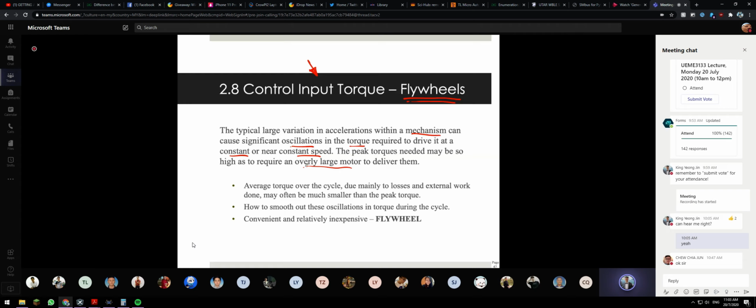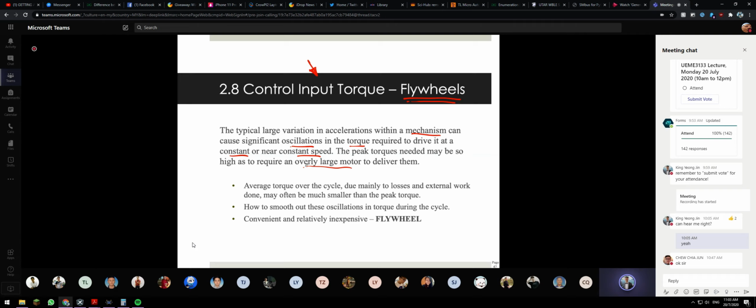Sometimes this maximum torque only happens for a very short while, and the rest of the time the torque is very low. If you size the motor according to the maximum torque of the linkage, then your motor has to be oversized, very large. And when you grow the size of the motor, you also grow the cost of constructing your whole system.